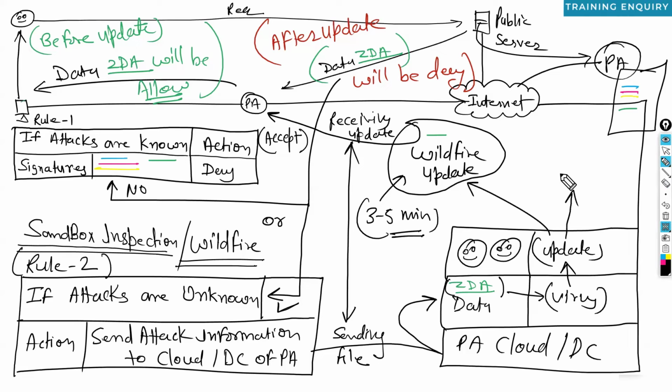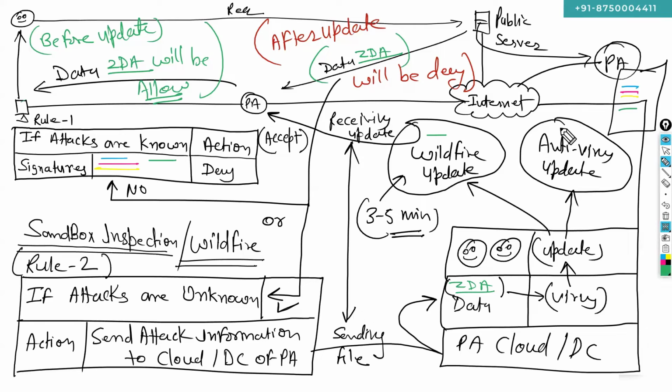This update will come as an antivirus update. The same update will come as an antivirus update, and that update will go to that customer, but it will not come after every 3 to 5 minutes. It will come after 24 hours if any attack is happening.